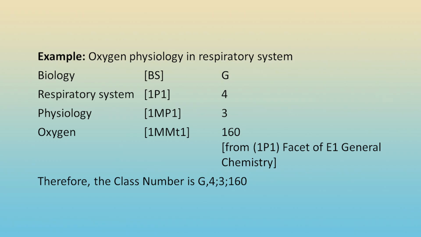So the notations are shown here, and the notation for matter material is to be got from the 1P1 facet of E1 general chemistry as instructed. Therefore, the class number will be capital G, 4, then semicolon 3, semicolon 160.